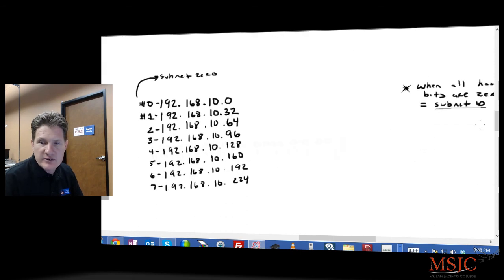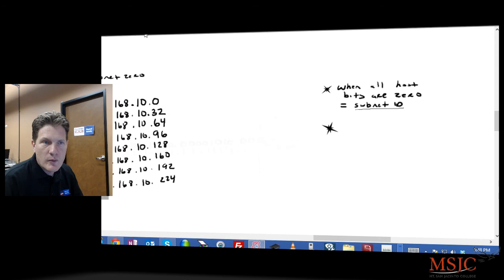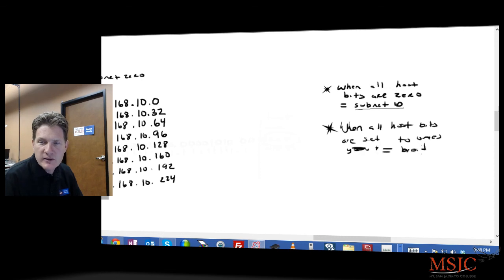The broadcast IDs are, next axiom, when all host bits are set to ones, you have the broadcast ID.